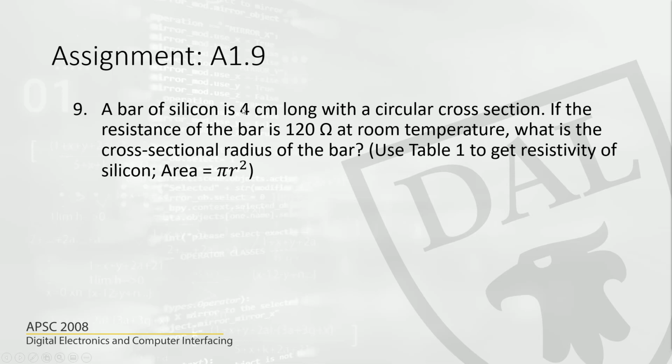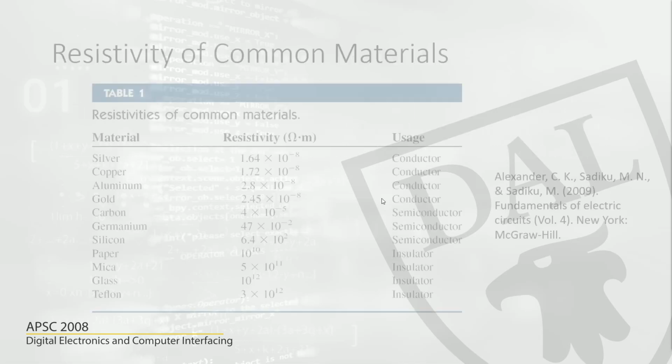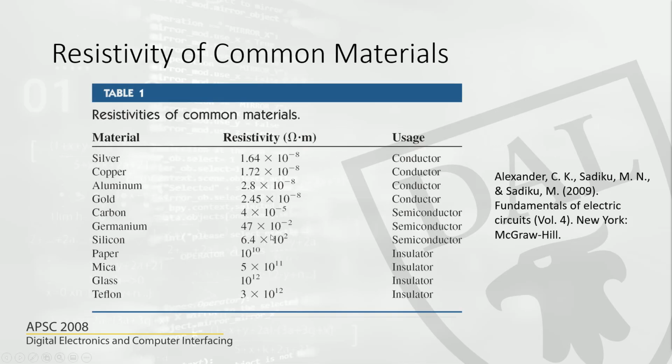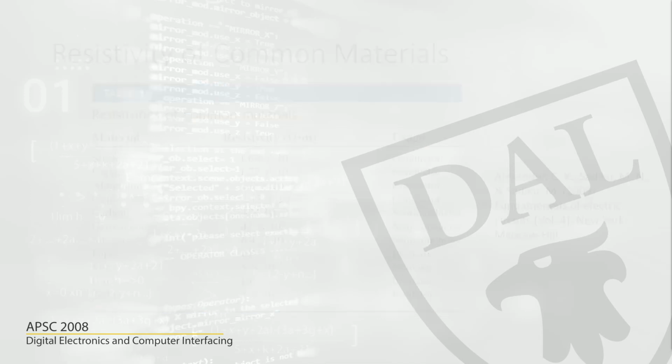From the length and the resistance, another parameter is missing, so we also need to know the resistivity, which was available in our previous slide. For silicon, the resistivity is 6.4 times 10 power 2.